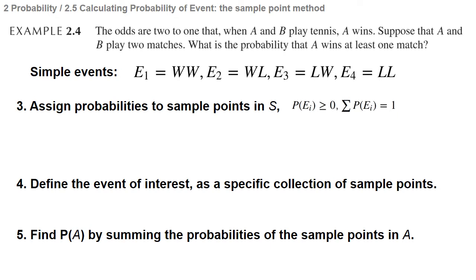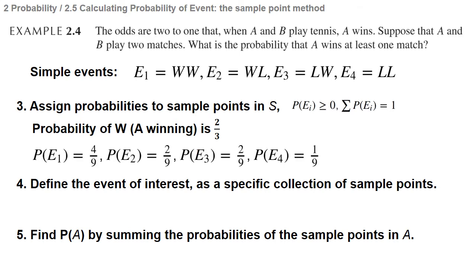In step 3, we assign probabilities to the sample points in S. This time, all the events are not equally likely. The probability of A winning is different. Actually, the probability of A winning is 2/3, and so we can calculate the probability of each simple event this way. The probability of E1, A wins 2 times, is 2/3 times 2/3, which is 4/9.